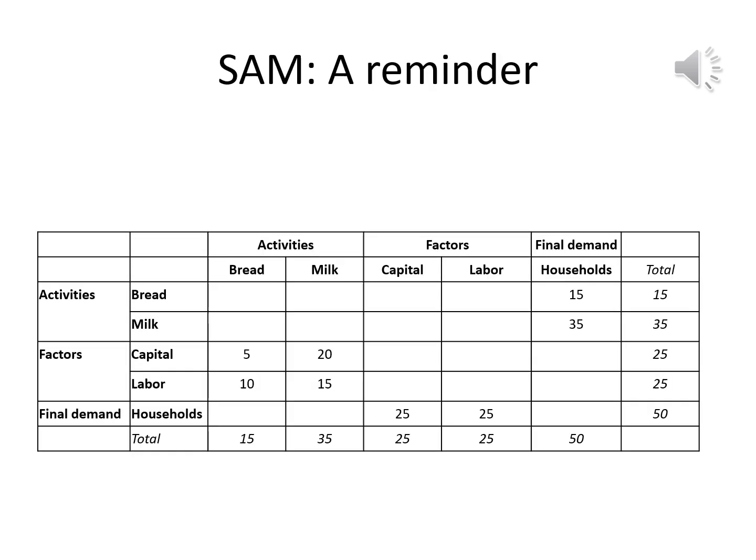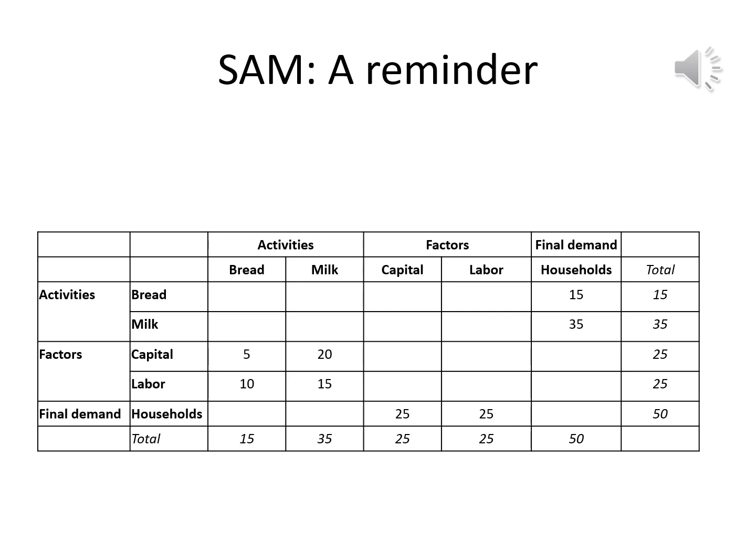This is the first SAM we built last time. It's from your textbook, and I don't want to repeat the explanations here again because you have more than 2 hours of lecturing on the SAM in your previous lecture notes. Please follow them.